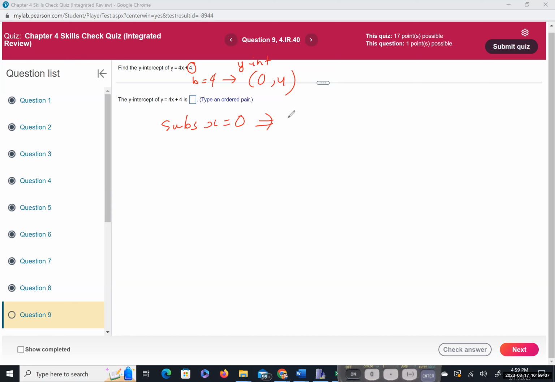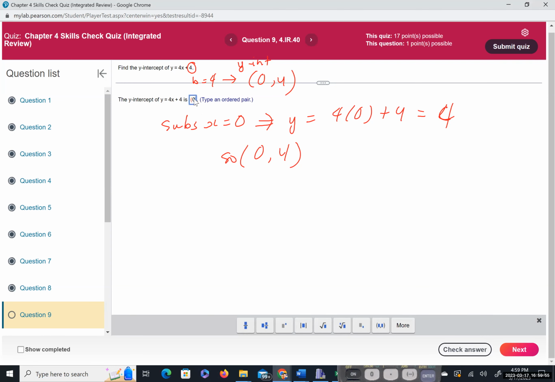I get y equal to 4 times 0 plus 4, which is 4. So the y-intercept will be 0, 4. And I put down 0, 4.